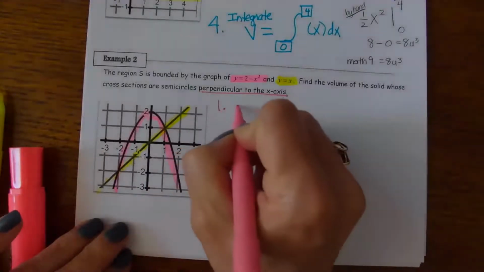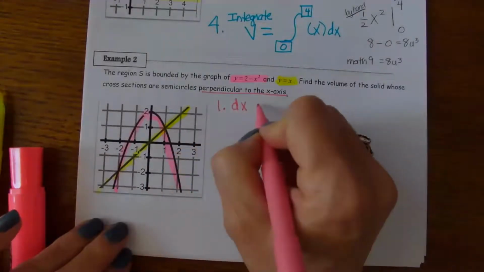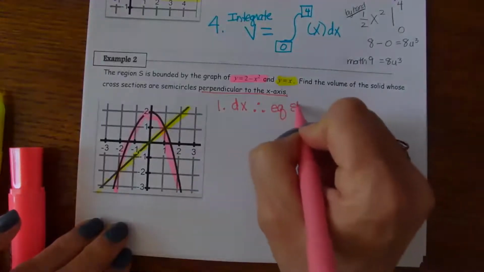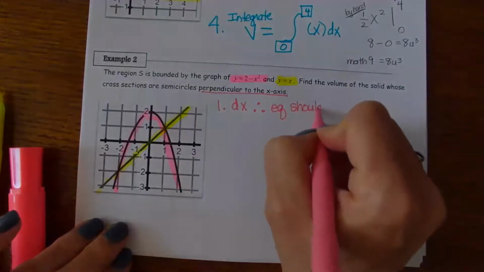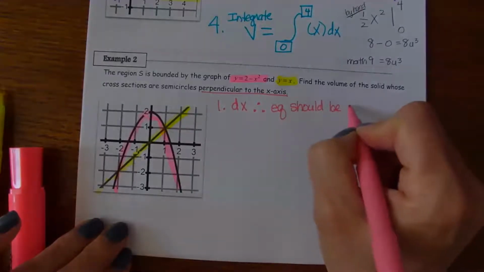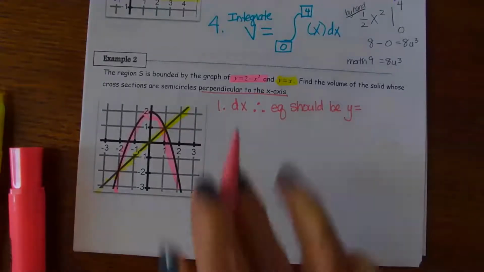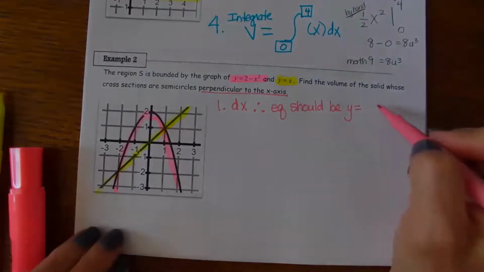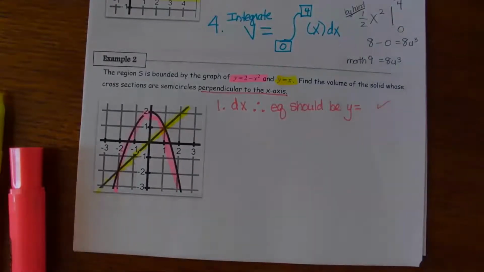Perpendicular to x tells us that it's a dx. Therefore, equations should be y equals. Are both of these y equals? Yes. So we have completed that task.